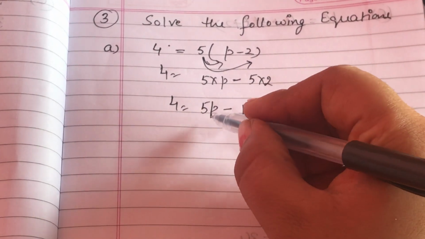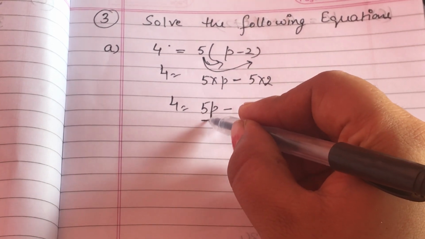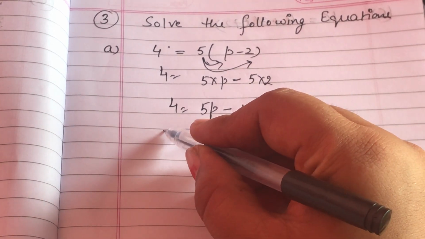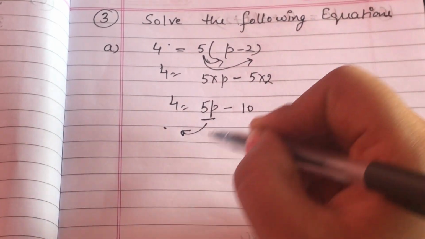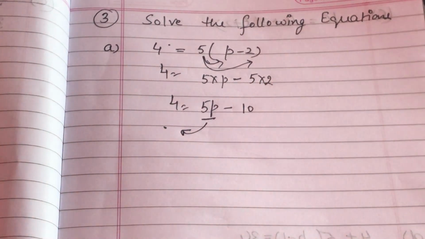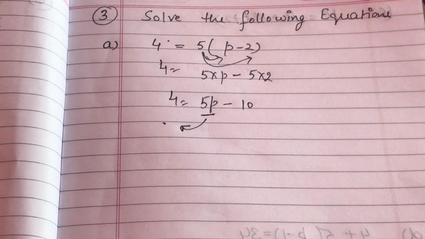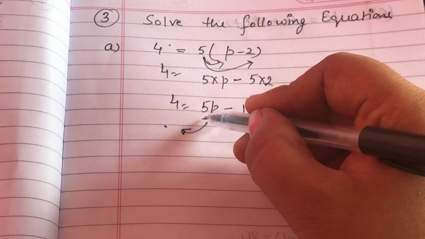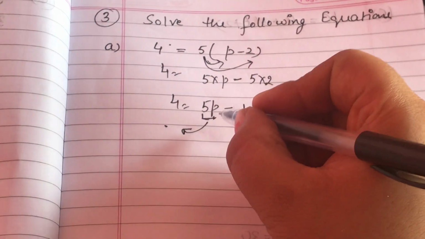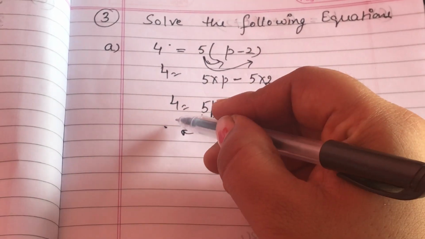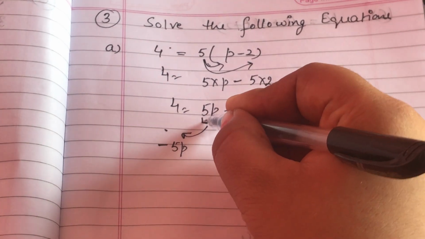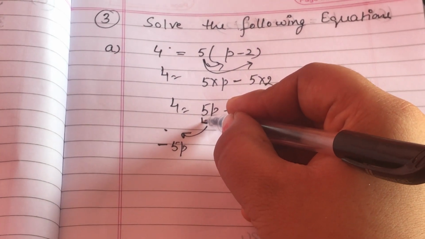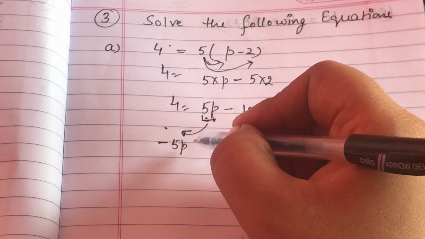Now we'll take 5p on the left-hand side. This time you have to transpose 5p to the left-hand side, because the variable we have to find out is kept on the left-hand side. And the variable-containing term is 5p. So when you bring 5p to the left-hand side, it will become negative because here it is positive. Whenever we are transposing any number, its sign will be changed.